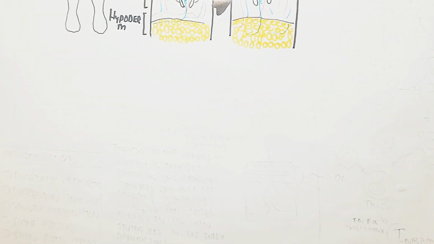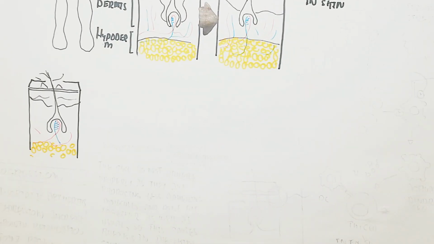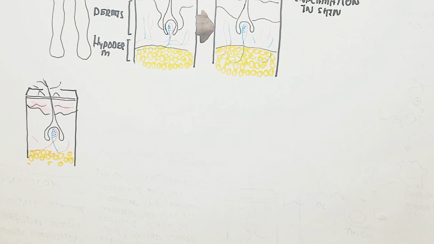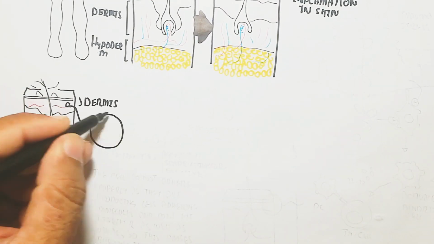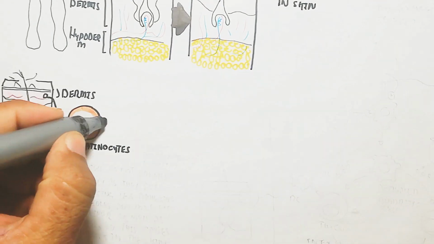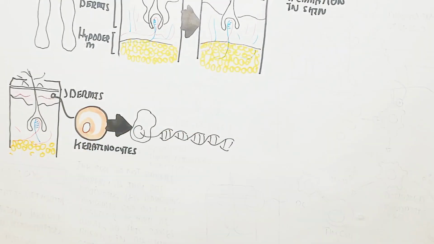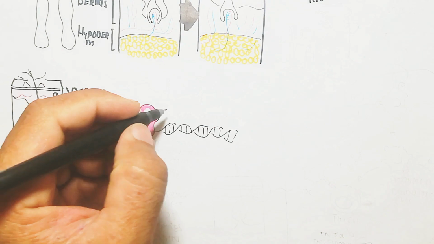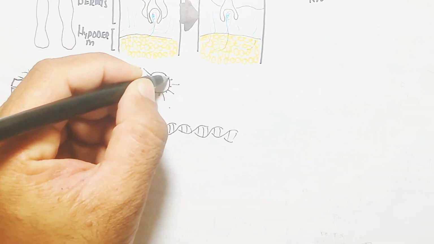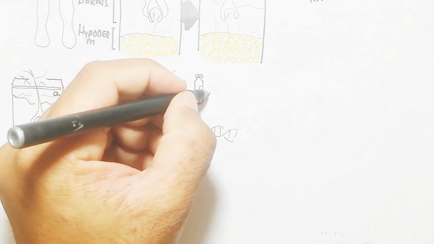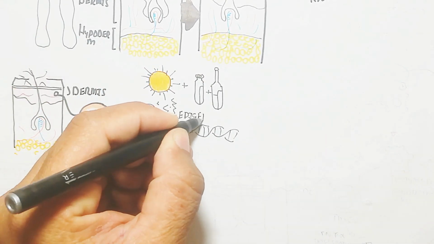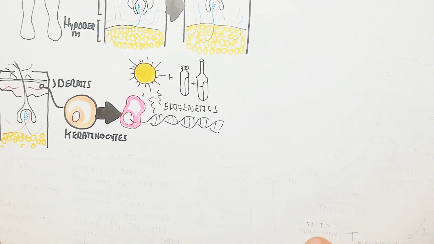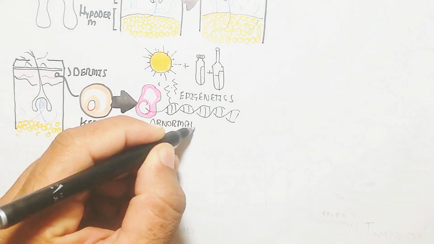Let's understand the affected keratinocytes. Basically, keratinocytes are affected by radiation, medicine as well as alcoholism. The DNA is damaged due to epigenetic or genetic mutation. Basically the nitrogenous bases are reversed or inverted, and a point mutation occurs.